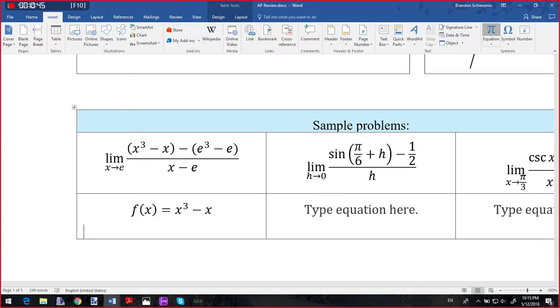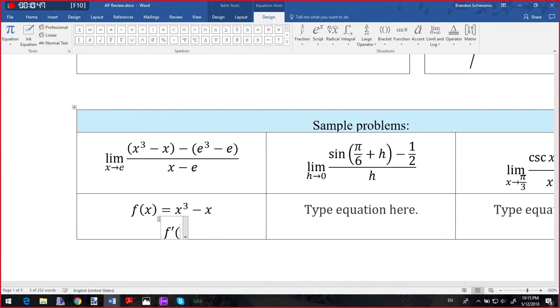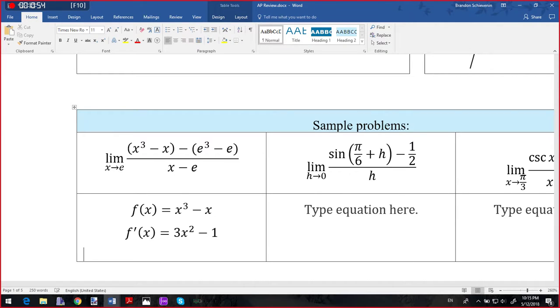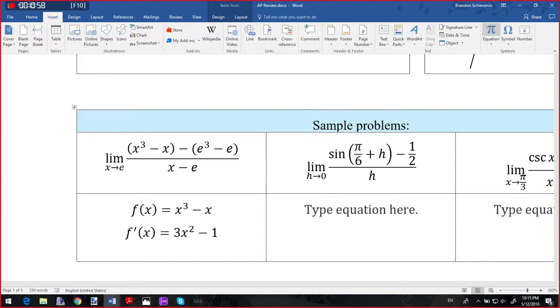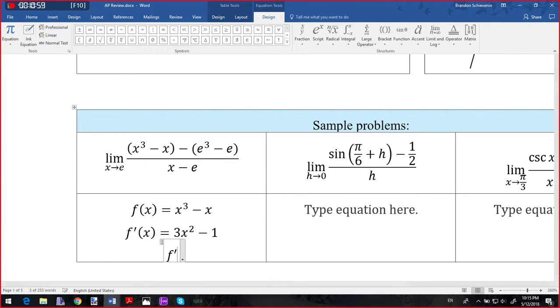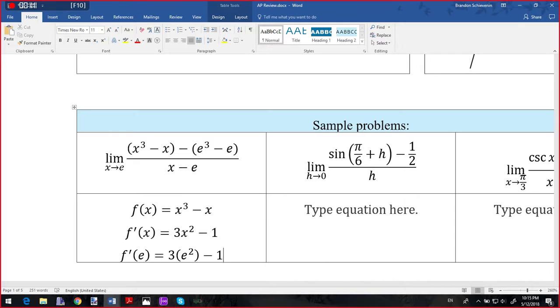So then my derivative is 3x squared minus 1. And then what's my x value? E. Okay, so my slope at e is going to be 3 times e squared minus 1.